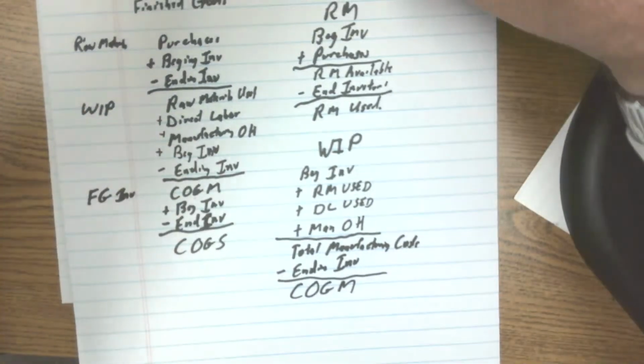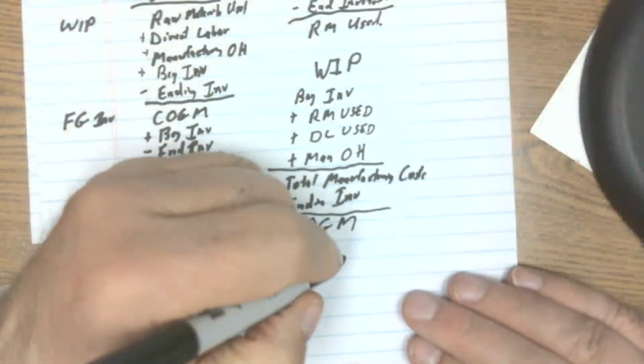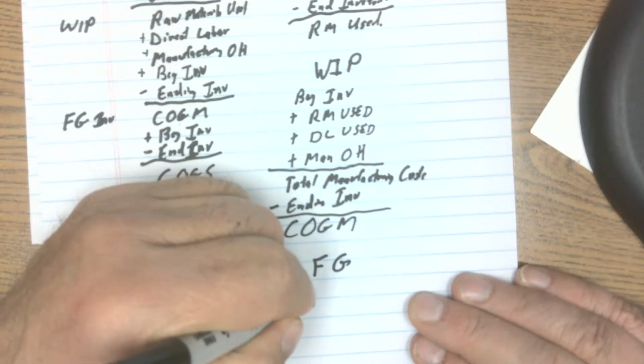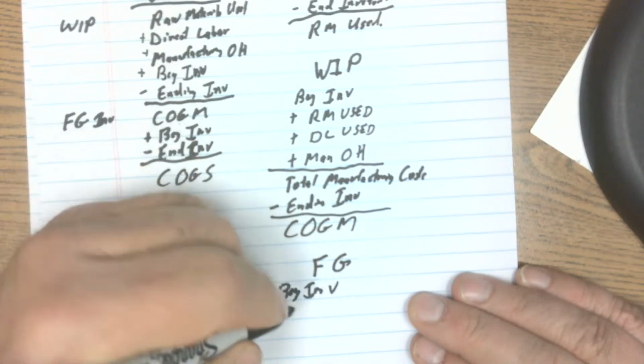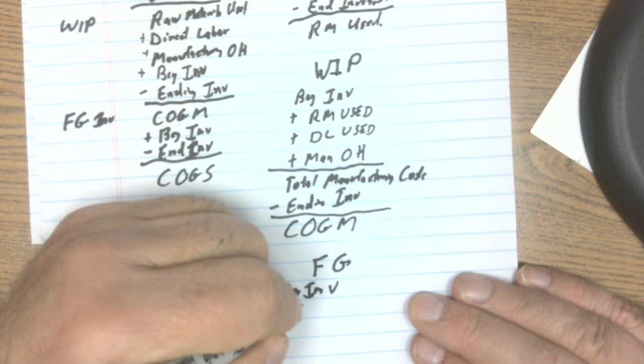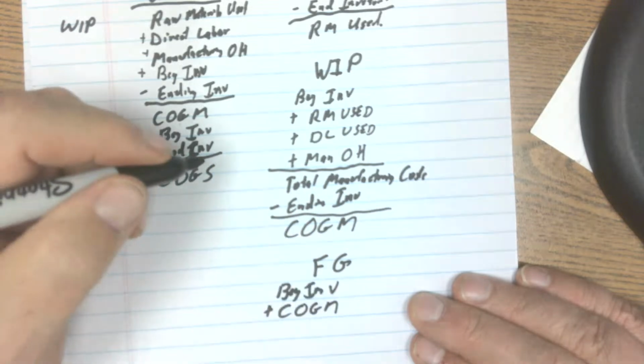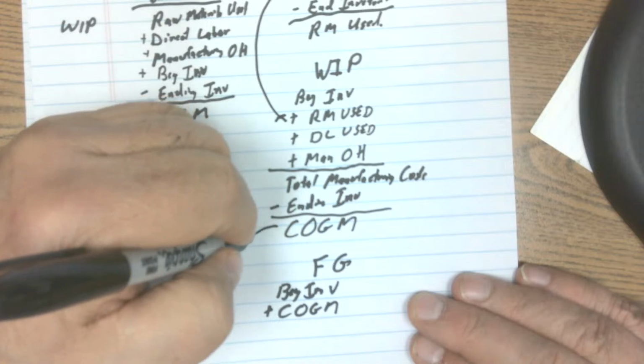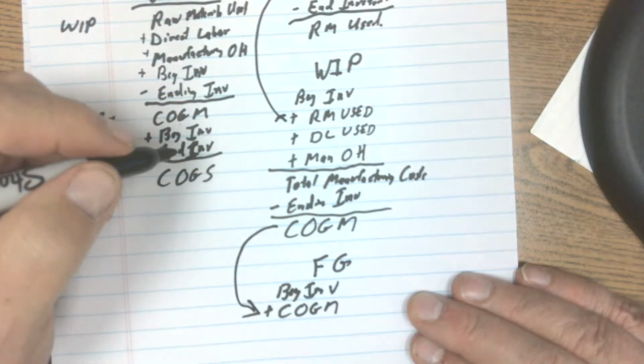Then I go to the finished goods, and I start with the beginning inventory. I add to that the cost of goods manufactured. So you see this just comes here, and this just comes here, like that.